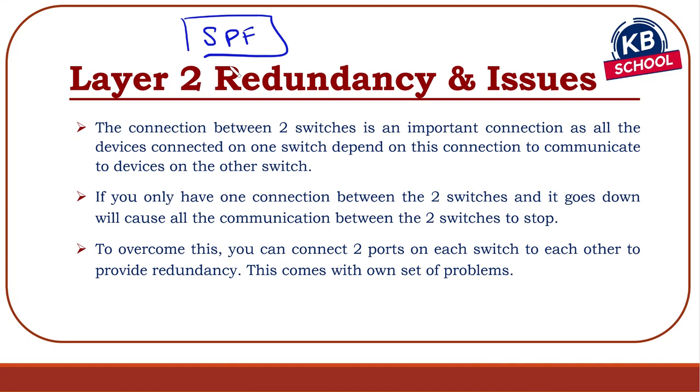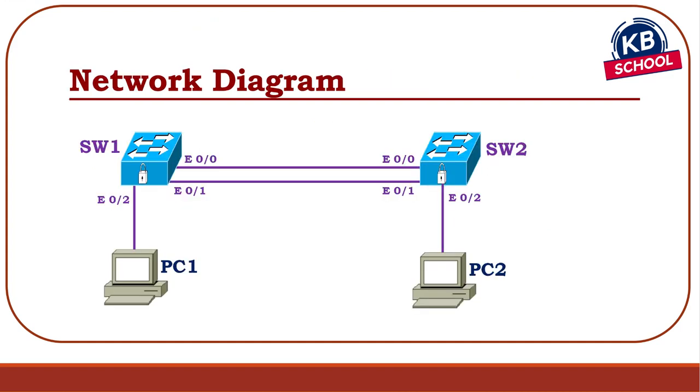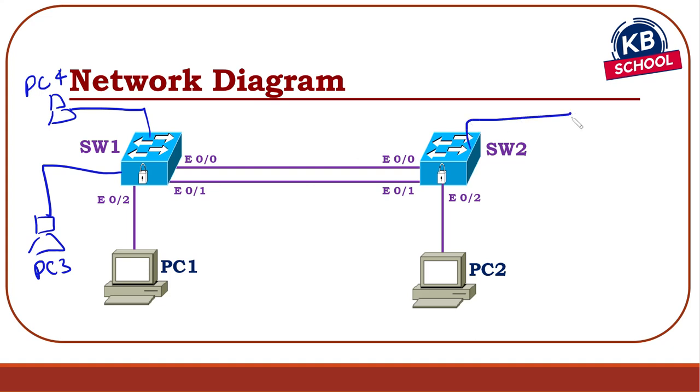All right. So to overcome that, we add another link, as I said in my intro, and this is what the network will look like now. I'm just showing you one PC over here. Think about having multiple PCs: 1, 2, let's say 3, and these might be clients or these might be servers. 4, let's say I have 5, I might have 6.